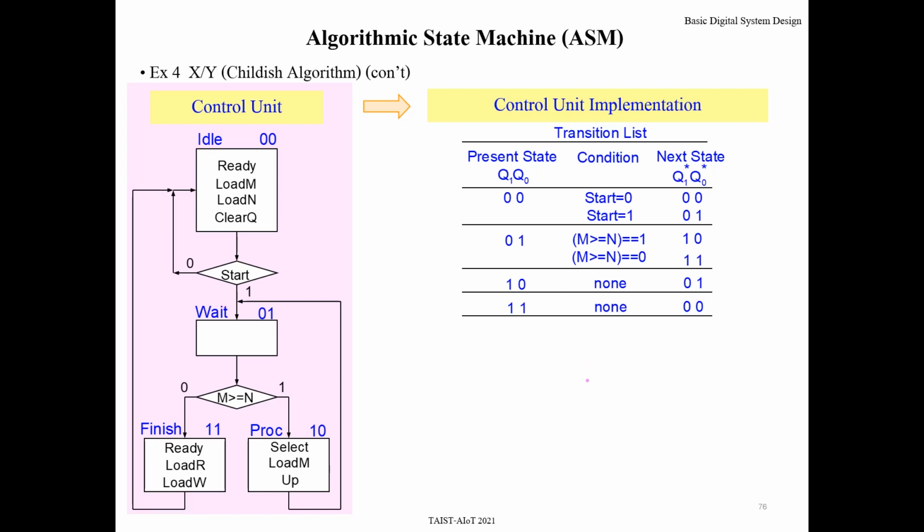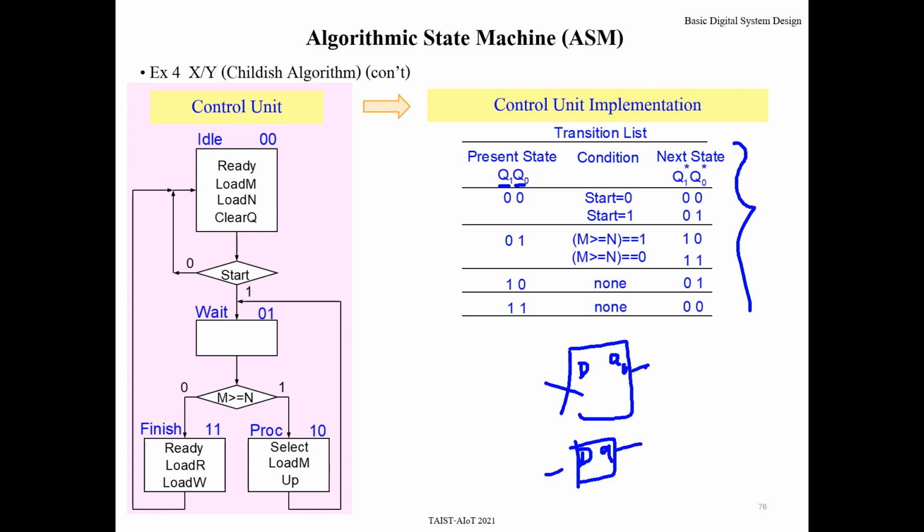Okay, now from this table, you know that you use 2 D flip-flops, one is Q0 and one is Q1. So you want to decide what?